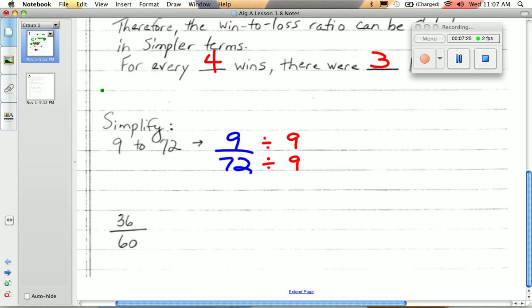They're both multiples of 9. And of course, we should recognize that easily after all the multiplication practice we've done, right? So 9 divided by 9 is 1, and 72 divided by 9 is 8. As soon as we see that 1 upstairs, we know it can't be simplified anymore, right? So here's our ratio simplified, 1/8.